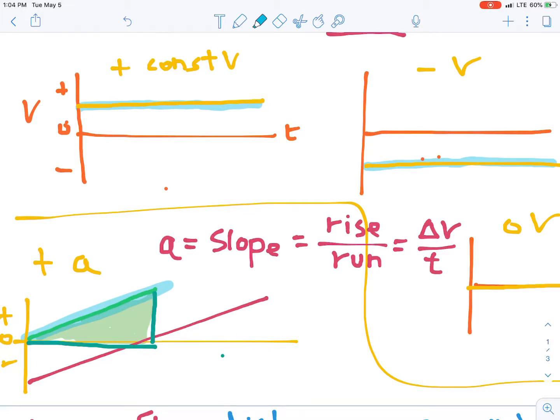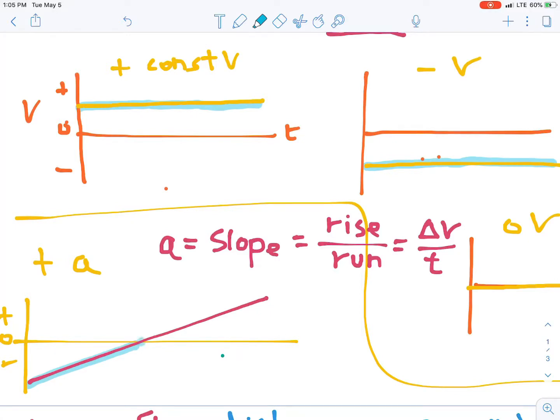So remember, we can have positive acceleration, and I'm gonna do a little erasing here. Positive acceleration, but we are moving backwards, right? Because we have negative velocity. And that means that we are starting going backwards fast and slowing down to zero, but it's in the positive direction.